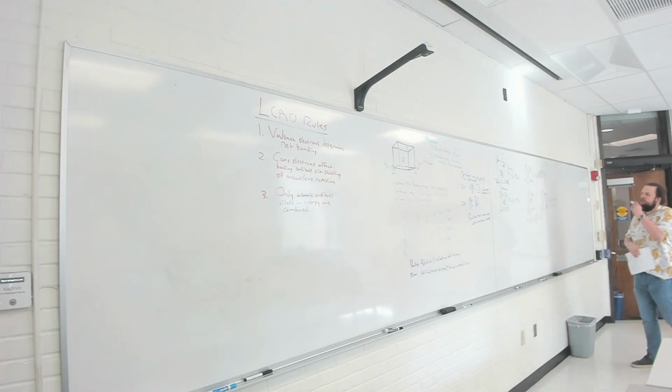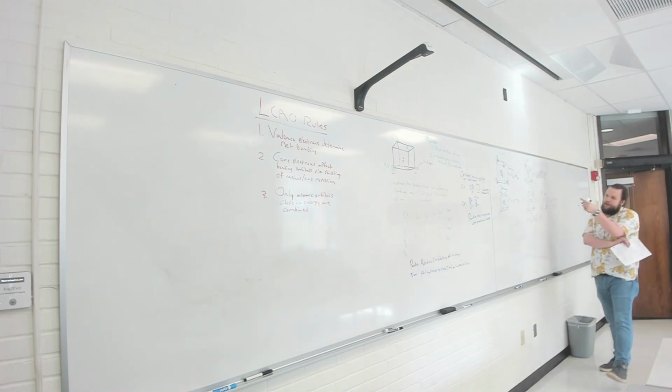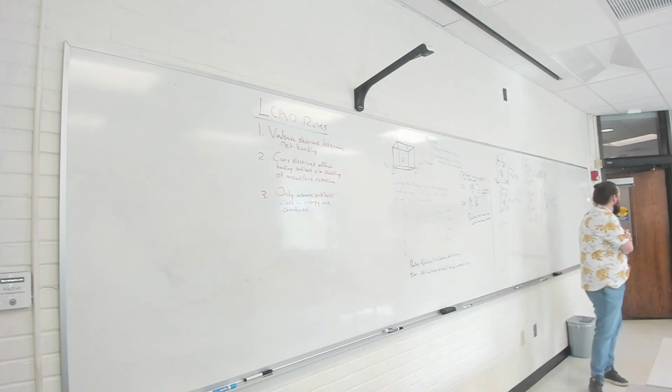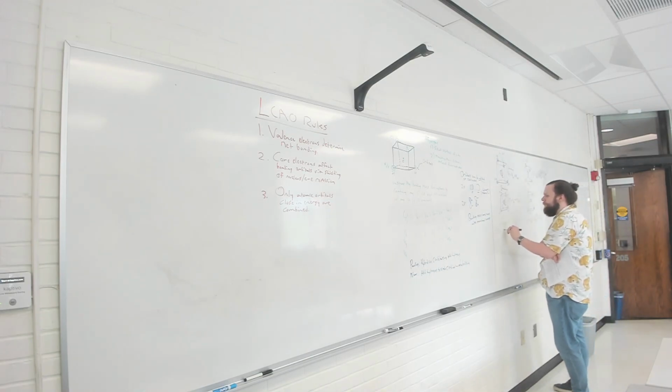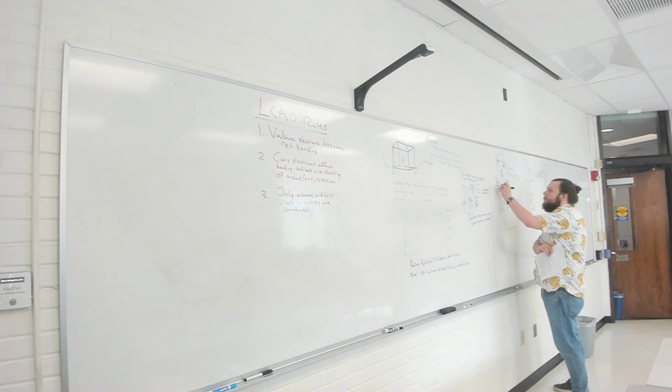Okay, so now here's the interesting thing about this. This one over here is unique. How many constructive overlaps do we have between the hydrogens and the carbon? We have 4 identical overlaps. Right?